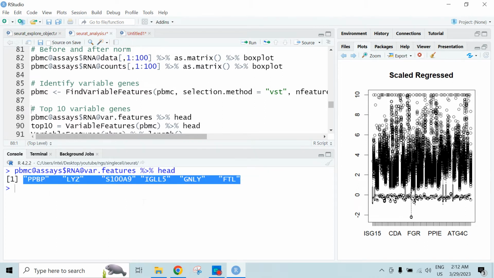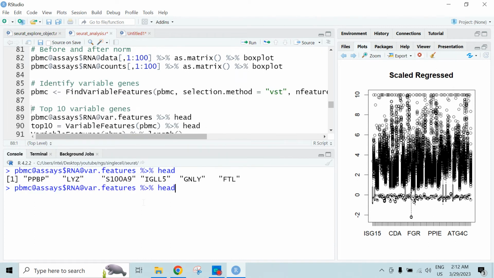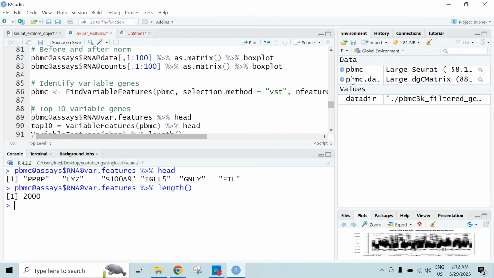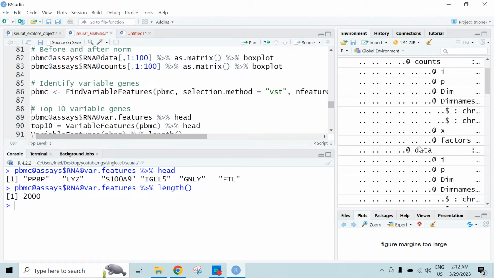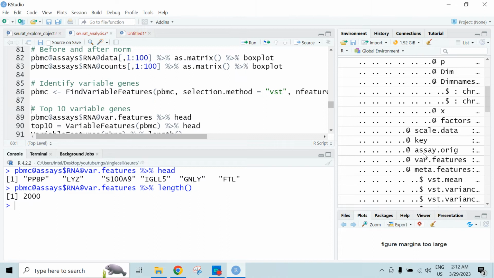If you want to see how many were detected, we can check the length. That is 2000. In the PBMC object, then assays, then RNA, this is the first slot, this is the second slot, and here the variable dot features. This slot was empty before this analysis, but after this analysis it got filled with the 2000 gene names.